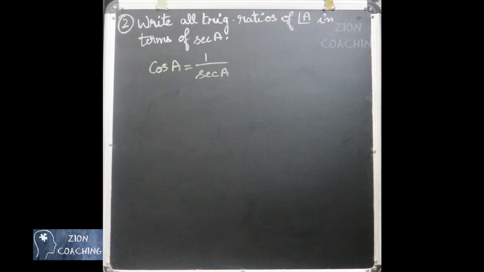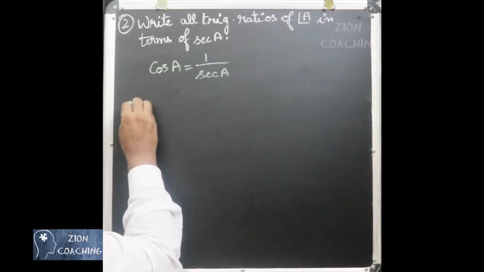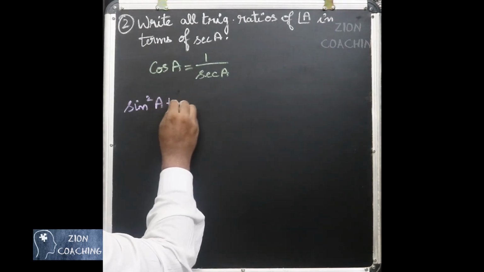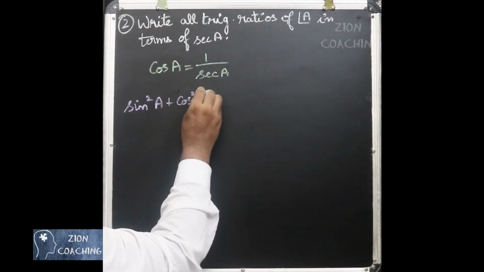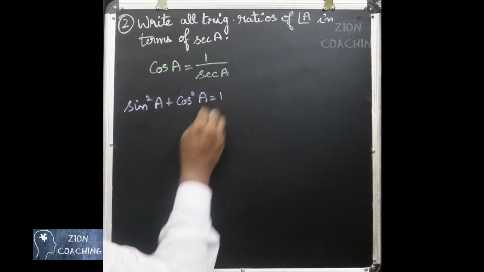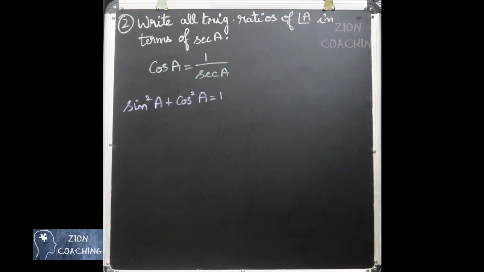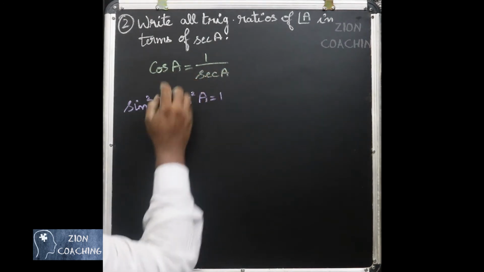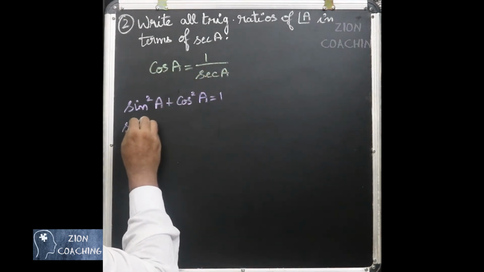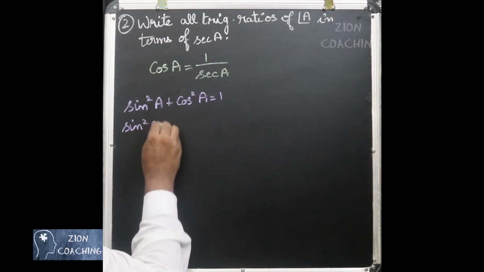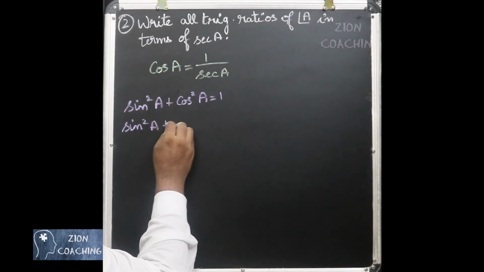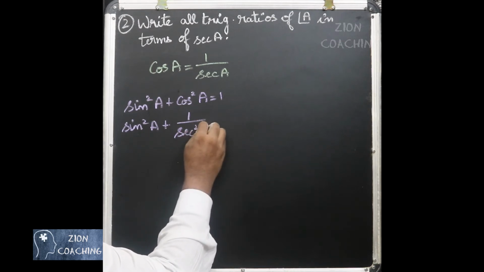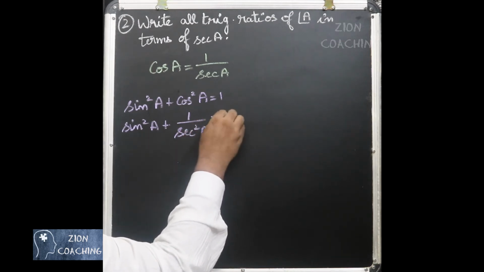We know that sin squared A plus cos squared A equal to 1. I am going to substitute 1 by secant A instead of cos A. So sin squared A plus 1 by secant squared A will be equal to 1.